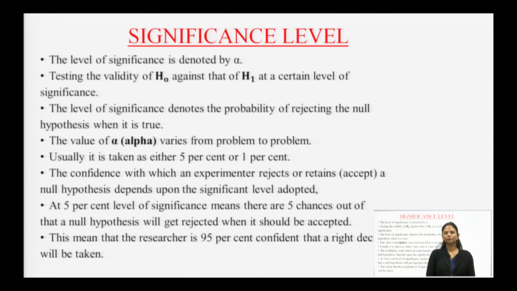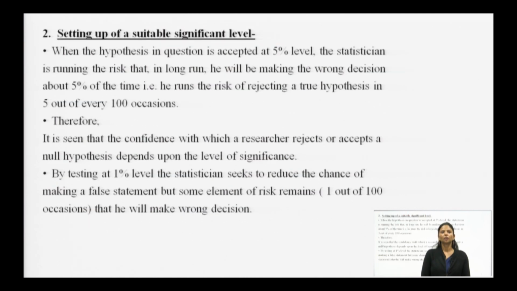Whereas, 1% level of significance means there is 1 chance out of 100 that the null hypothesis will be rejected when it has to be accepted. This means that the researcher is 95% or 99% confident that he is taking the right decision. This totally depends upon the significance level which we take in the problem the researcher is researching on.